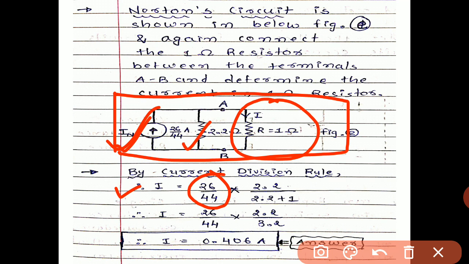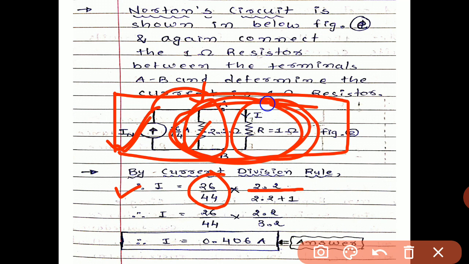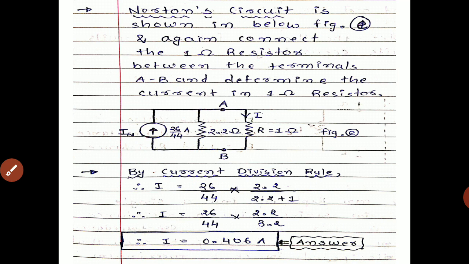So the parallel resistance is nothing but 2.2 ohm, which is in parallel with the current source, divided by the total resistance, that is whatever the resistance given in your circuit, that is 2.2 plus 1 ohm. So both added in the denominator. So we get the value of the load current.